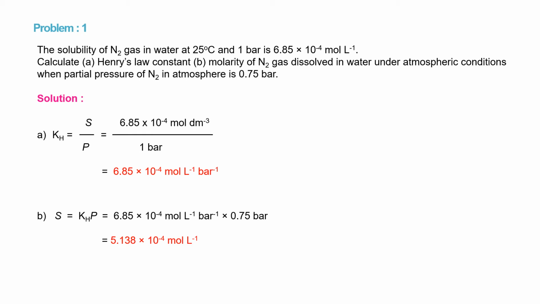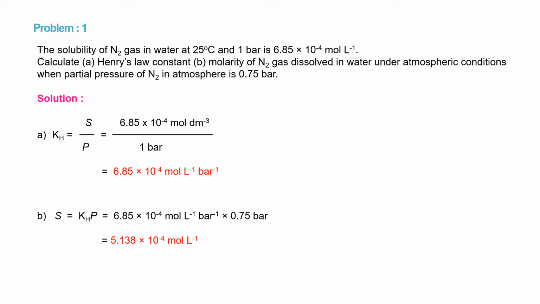Now next, S is equal to KH P. Part B asks for the molarity of N2 gas dissolved in water under atmospheric pressure, when the partial pressure of N2 in the atmosphere is 0.75 bar.